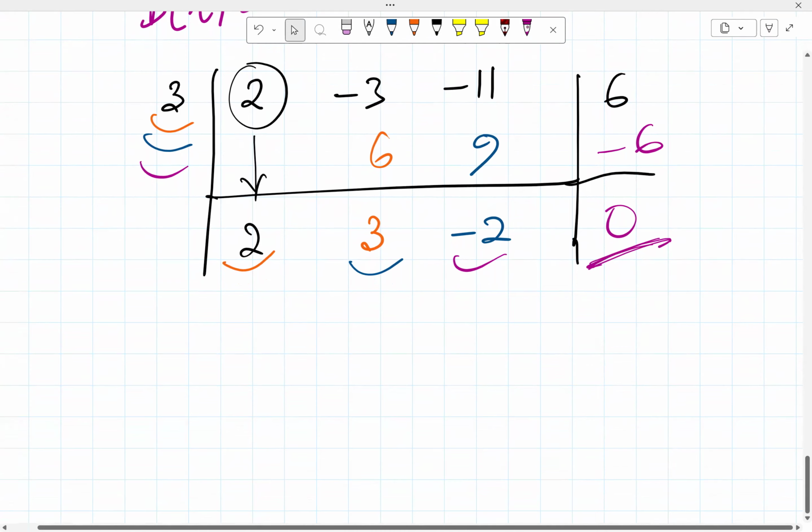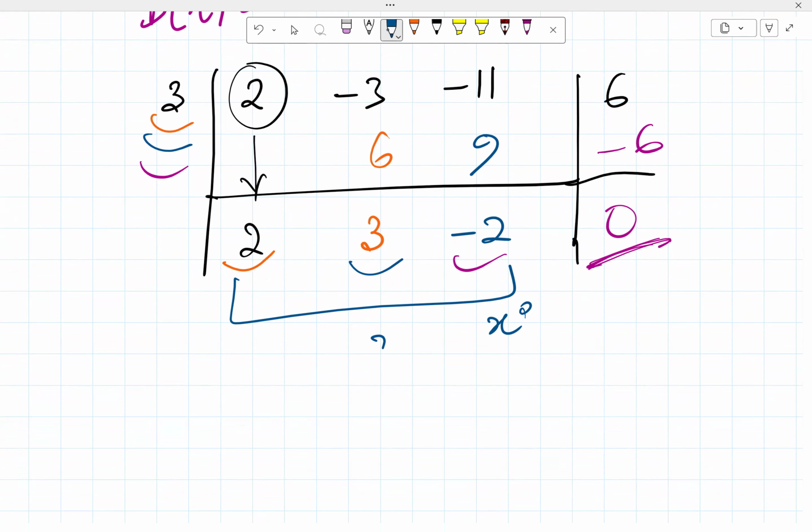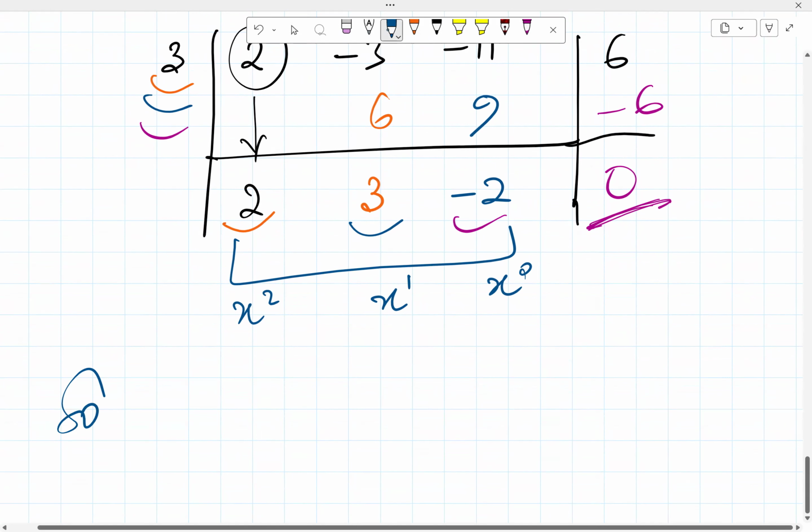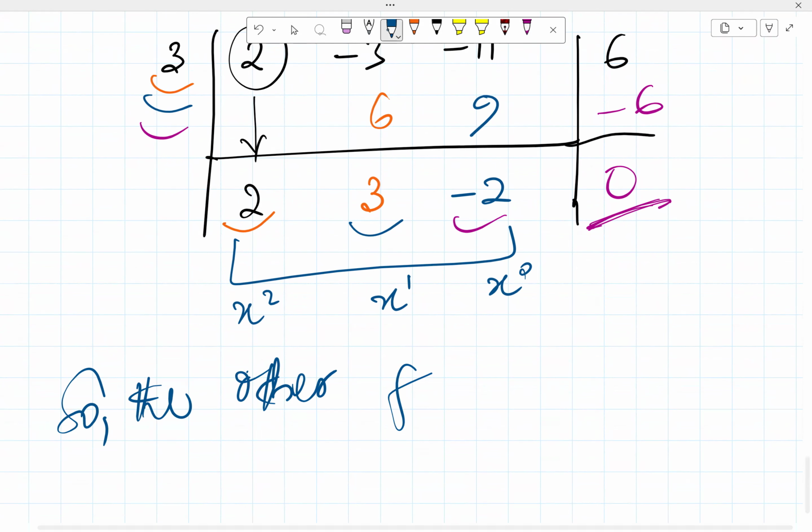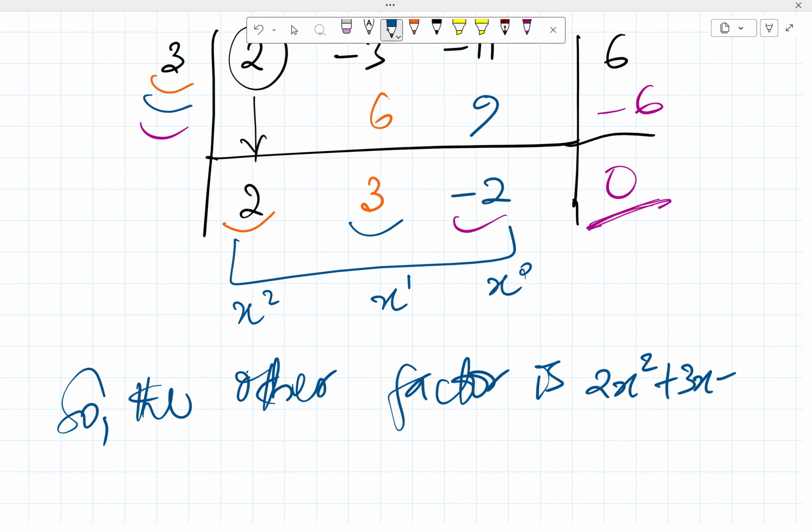But this is the catch. The catch is that these coefficients, multiplying by x raised power 0, x raised power 1, x raised power 2, will give us the other factor. And so the other factor is 2x squared plus 3x minus 2. Okay, this is the other factor.